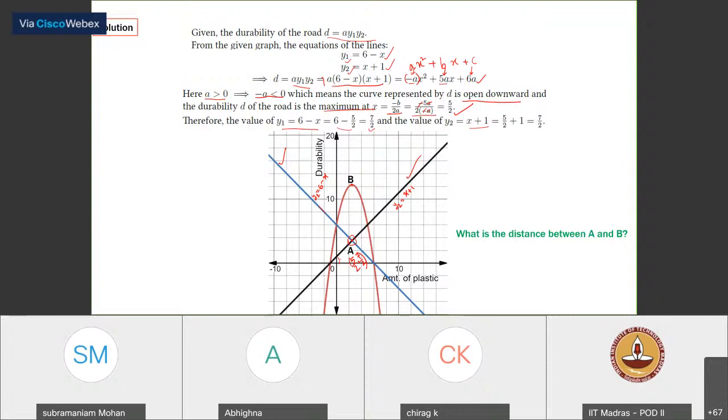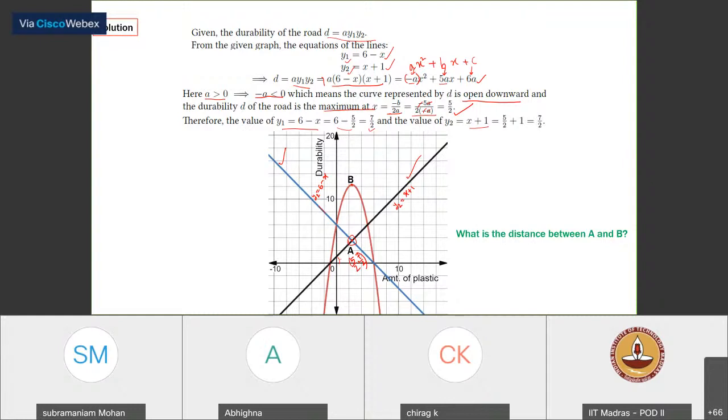Yeah, I am getting the value of y1. No, I am actually calculating the value of A only. It's the intersection point only, sir.